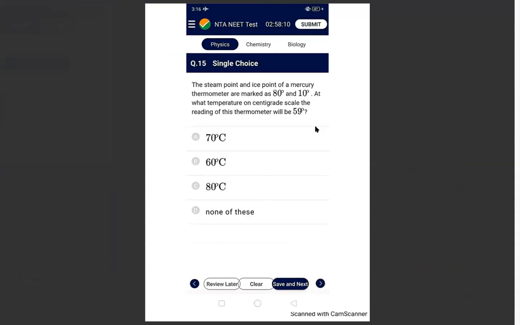Now question number 15. The steam point and the ice point of a mercury thermometer. What is the equation for a thermometer?